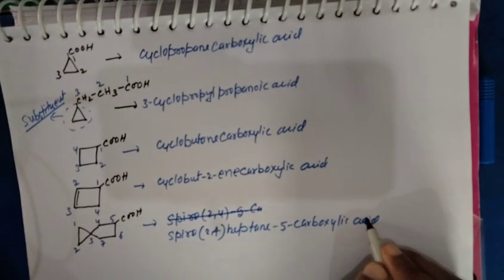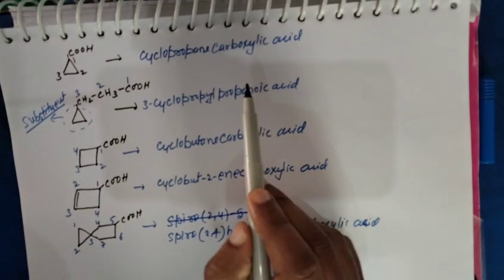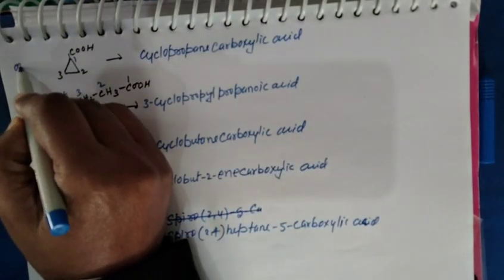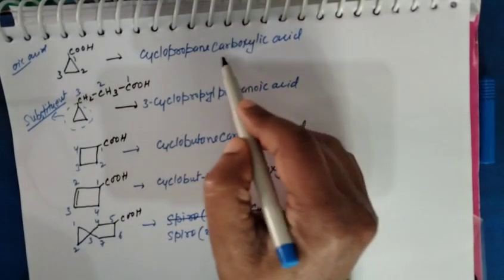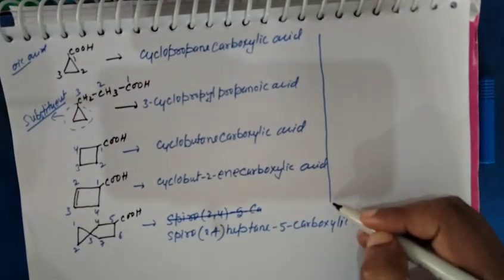So what we can understand is, if the C atom is counted, then we can use oic acid. If C is not counted, then we can use carboxylic acid. Now we have some other example related to it.